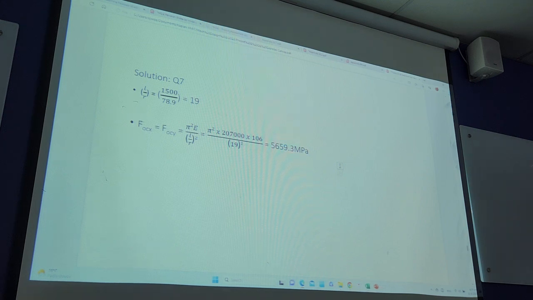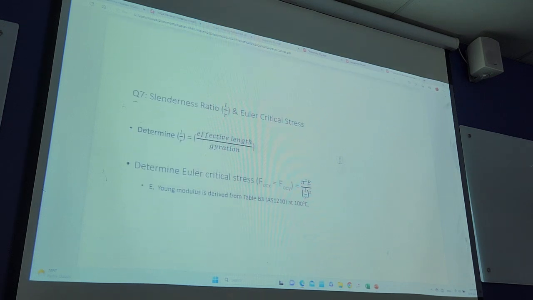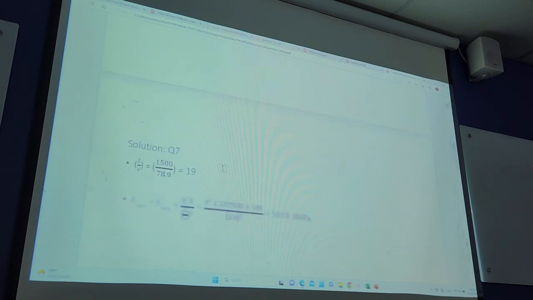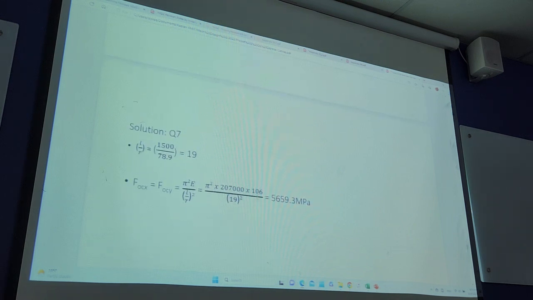Later on our Euler value, this is your Euler critical stress. I believe this is 10 power of 6, so megapascal. 207,000 times 10 power of 6, you'll get this value, 5659.3 megapascal. So you need this.